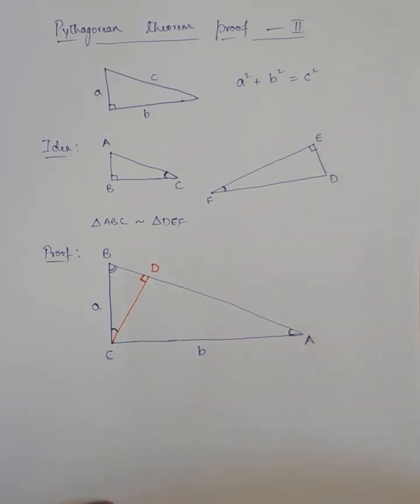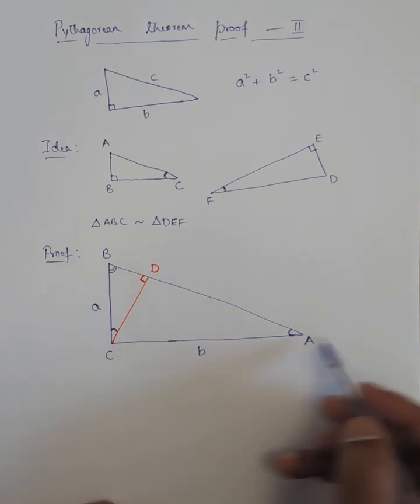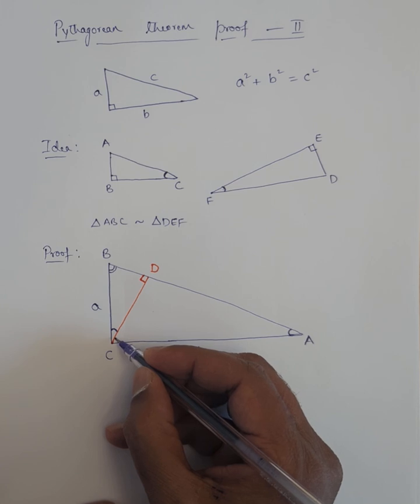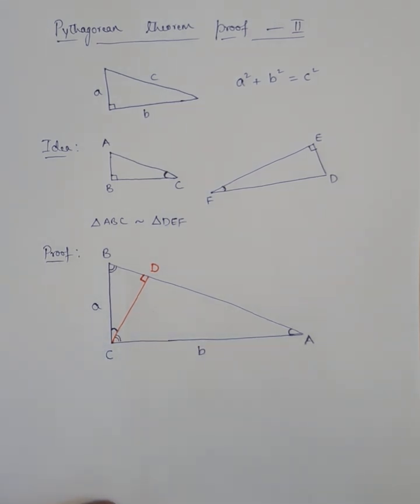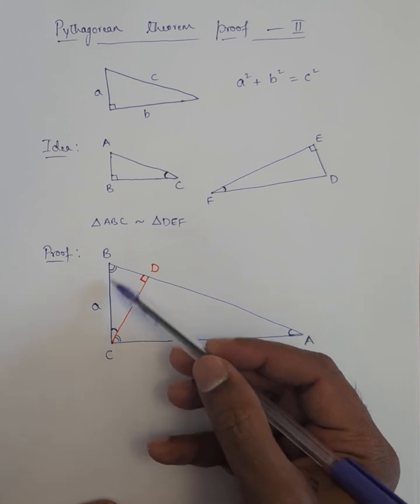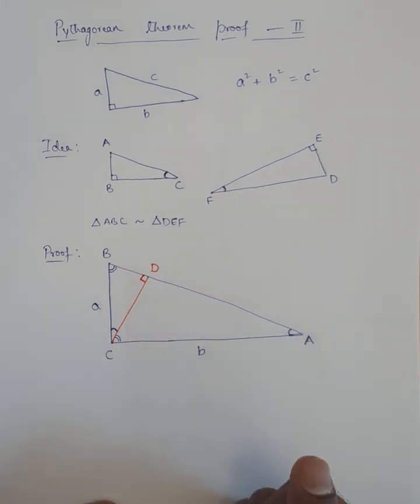Now similarly, this is a right angle, so angle DCA should be complement of the single arc. So that has to be double arc. So what we have is three right triangles that are all similar to each other, because you have a right angle and then you have these two angles, a single arc and double arc.